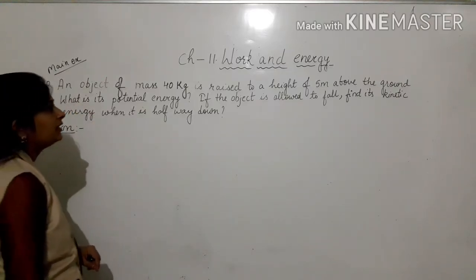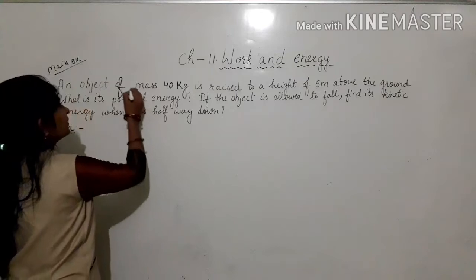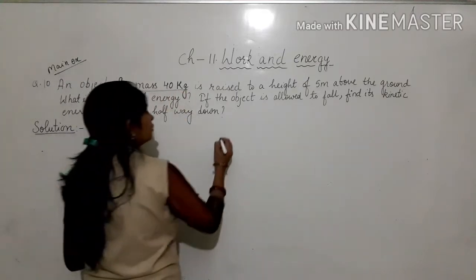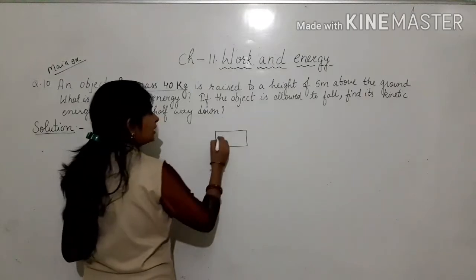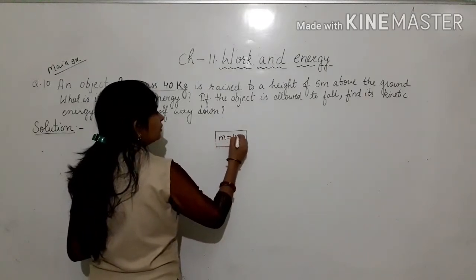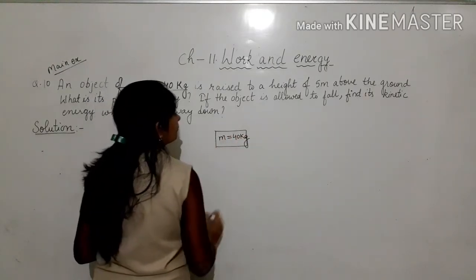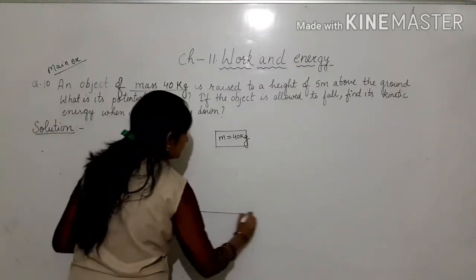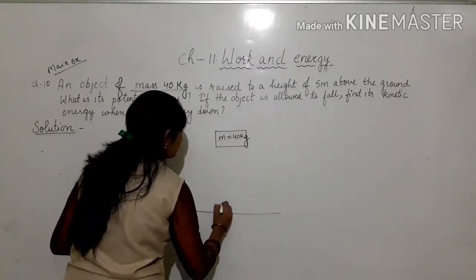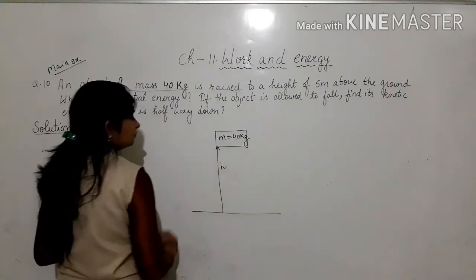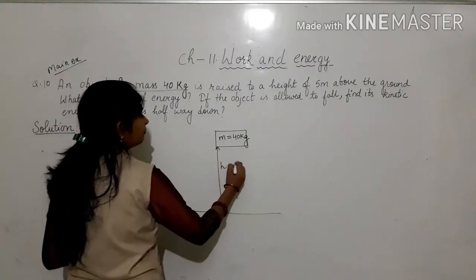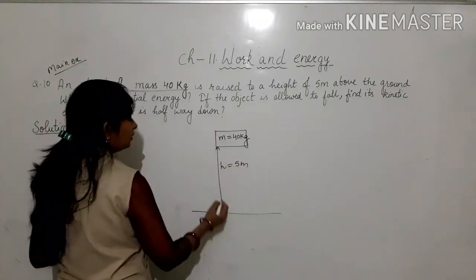Question is saying that there is an object of mass 40 kg which is raised to a height of 5 meter from the ground.